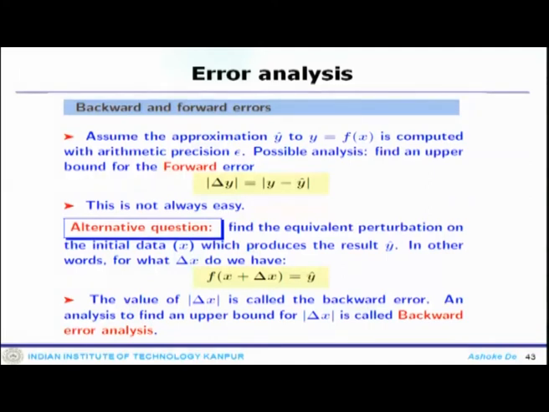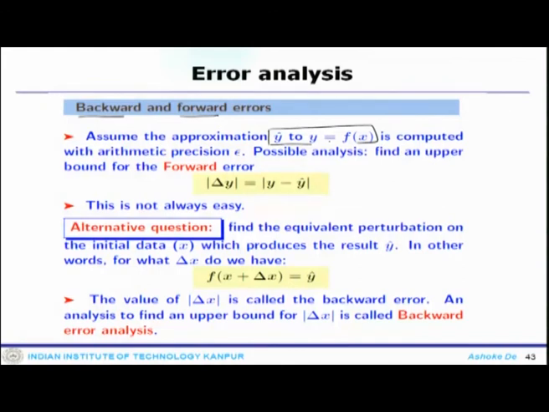Now, by this time you know how to calculate the error. So, now one can say how we define forward error and how we define backward error. The definition is like this: assume the approximation y hat to y, where y is a function and it can be computed with some arithmetic precision epsilon.